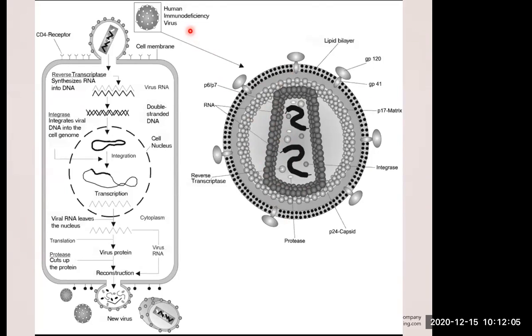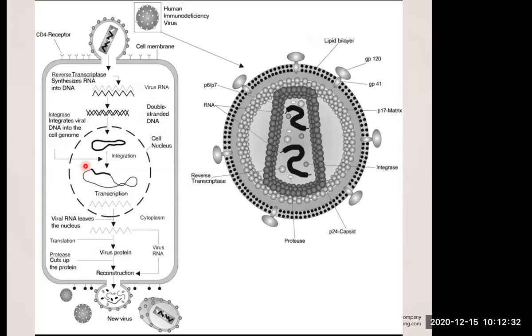So this is the human immunodeficiency virus, HIV. So it's going to enter into a cell. Its nucleic acid is RNA. Reverse transcriptase is an enzyme that's going to create a double-stranded DNA from a single-stranded RNA template. That double-stranded DNA integrates into the chromosome.